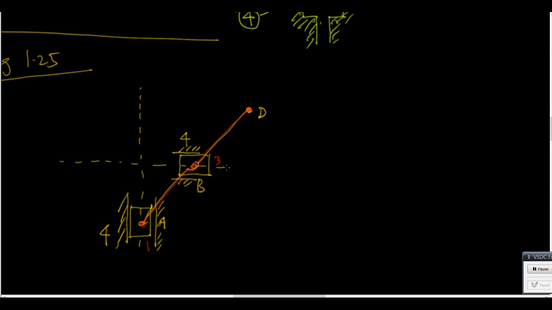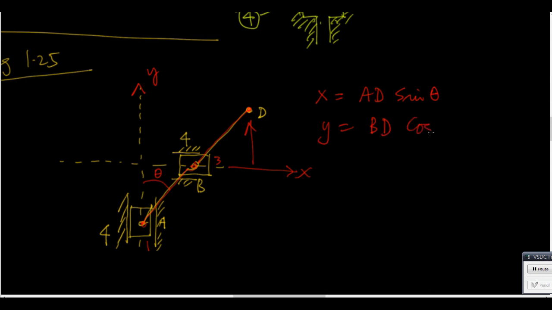Now what happens is, let us call this the x-axis, let us call this the y-axis. What is the coordinate of D? Well, the x coordinate of D is AD times the sine of this angle. Let us say this angle is theta. Okay, so x is equal to AD sine theta. y is equal to BD cos theta.